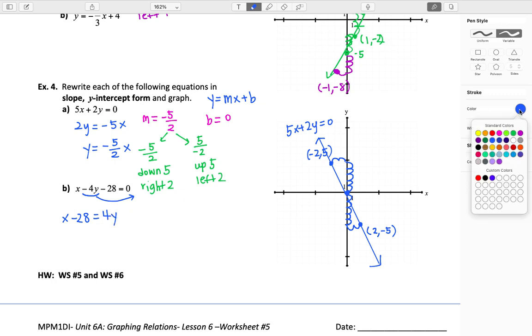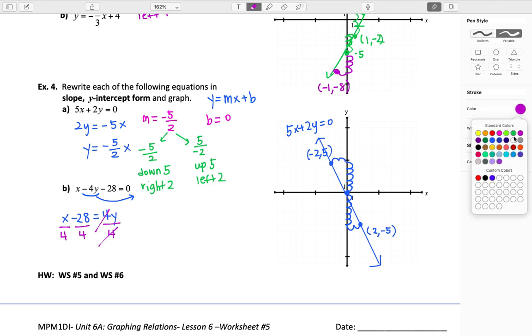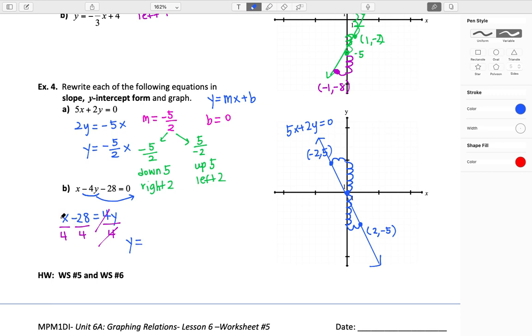So I'm going to divide both sides by 4. Everything by 4. So I can cancel and cancel. So therefore, y is equal to, so it looks like there's an invisible 1 here. So it's 1 over 4x. Negative 28 divided by positive 4 is negative 7.